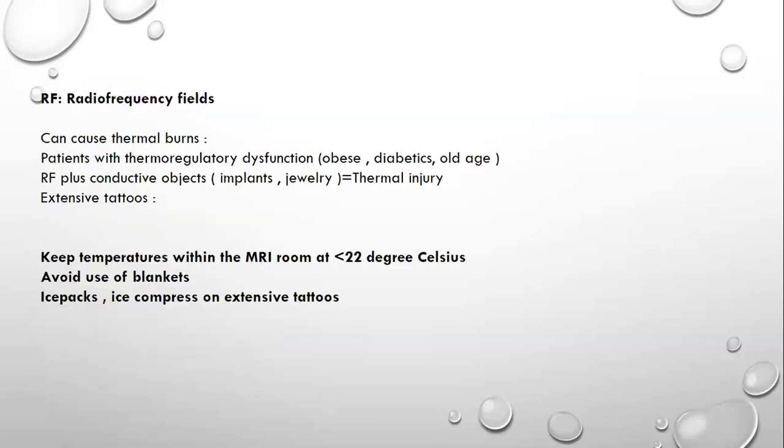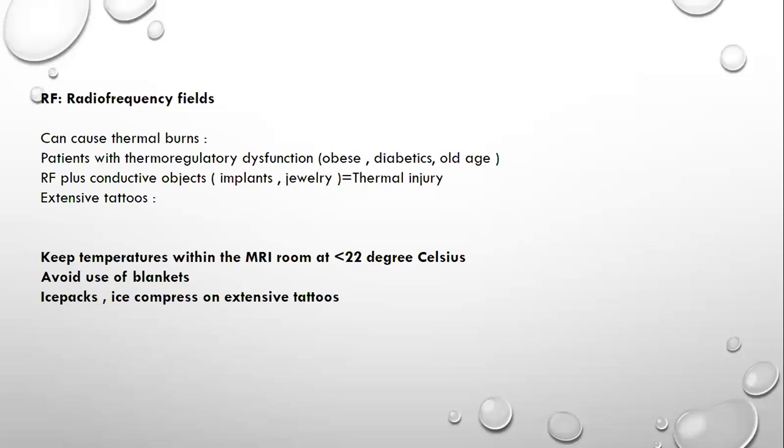We also have radio frequency fields in regards to MRI. There are patients who have thermoregulatory dysfunction, like obese patients, diabetics, or old patients, who can get thermal burns. The radio frequency can also react with conductive objects like implants and jewelry, also giving you thermal burns.